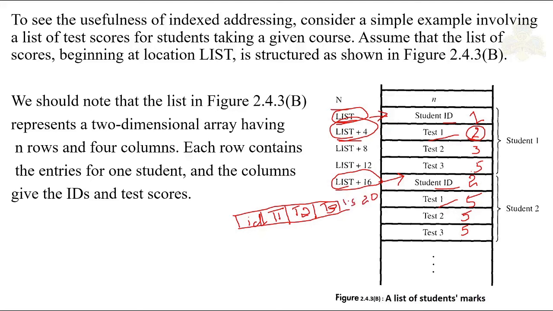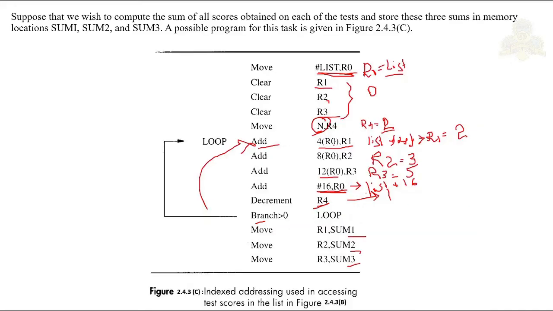This is list plus 20, then this is list plus 24, then this is 28, right? Now what is the content of list plus 20? It is 5. Take that 5 and add with the content of R1. What was the content of R1 before? It is 2. 5 plus 2 is 7. So R1 value is 7.